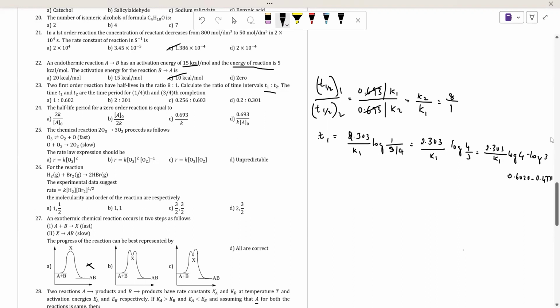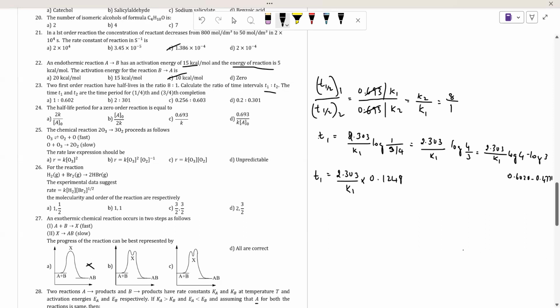On simplification, T1 is equal to 2.303 by K1 into the difference 0.6020 minus 0.4771, which gives a value of 0.1249.